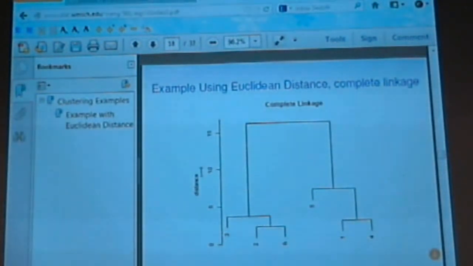Let's say you cut here, it's going to form two clusters, right? If you cut the tree at the height, say 5, then you're going to form 3 clusters in this case. One is formed by 3, 2, 6, the other by 1, 4, and 5 would by itself form a group.